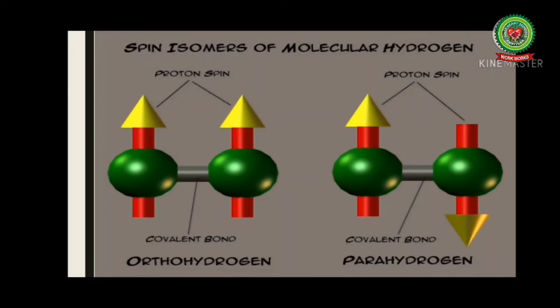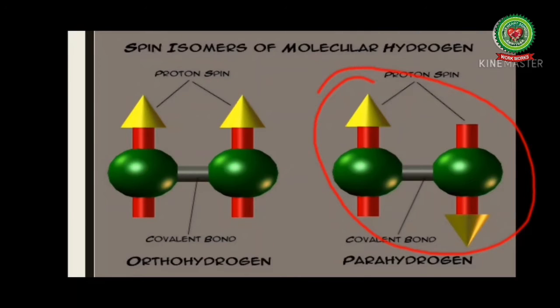So depending upon the spin of the protons, there are two nuclear spin isomers of hydrogen, that is ortho and para hydrogen. When the spins of the nuclei are in the same direction, then dihydrogen is called ortho hydrogen, and when the spins are in the opposite direction, then dihydrogen is called para hydrogen.